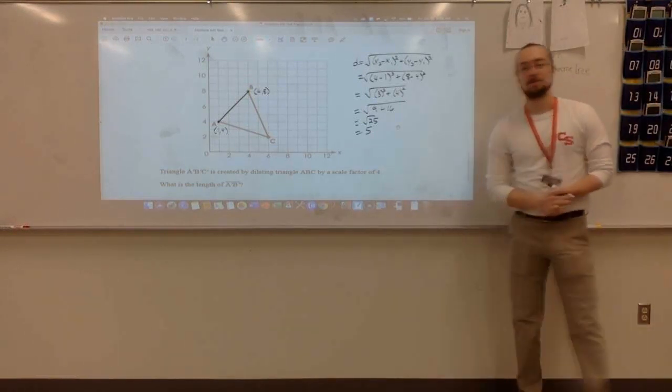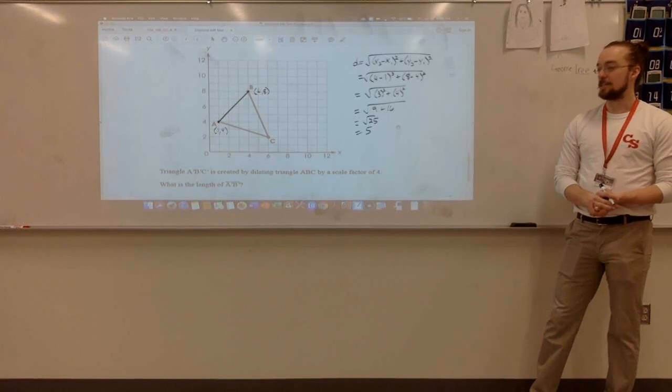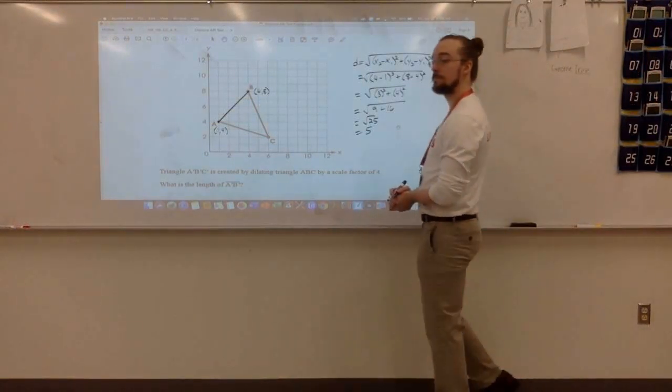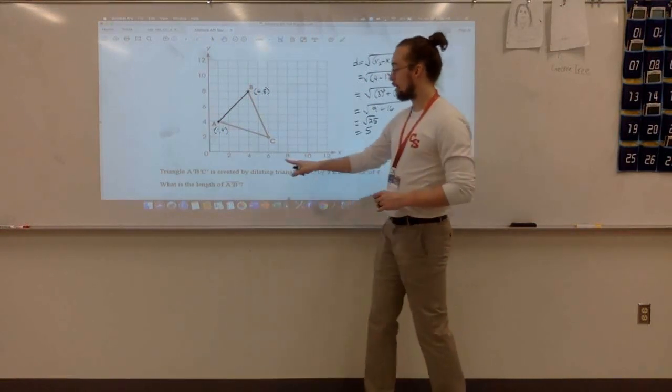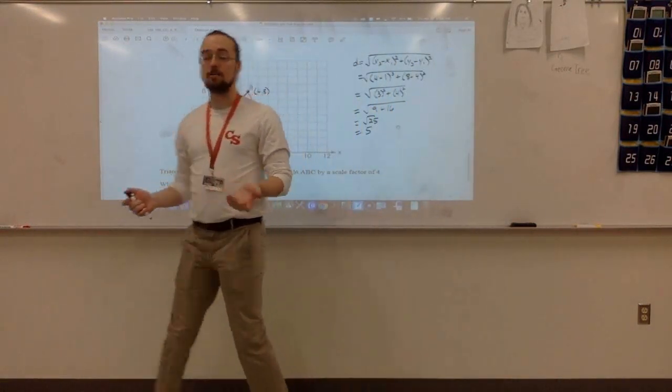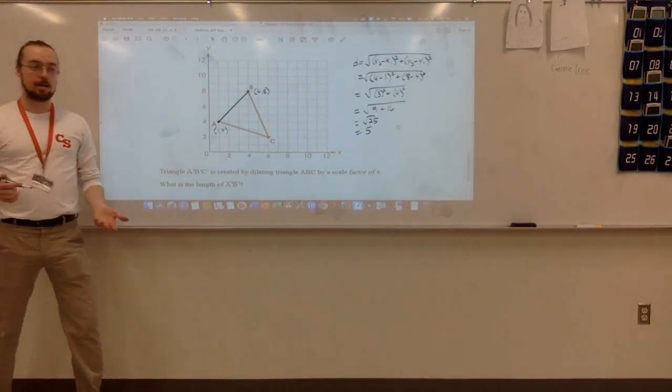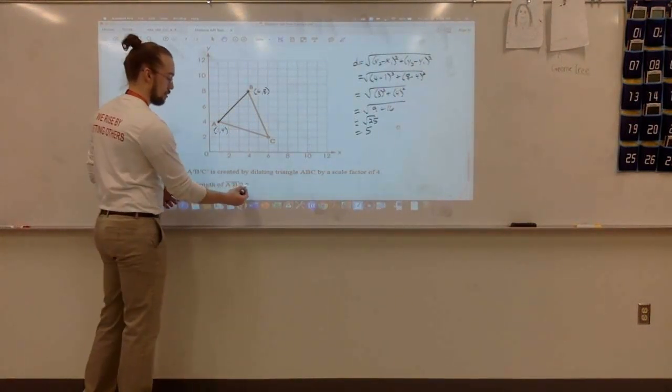Right, so the length of AB is 5. Therefore, the length of A prime B prime is 4 times that, which would be 20.